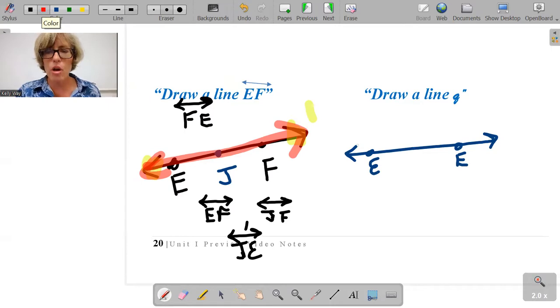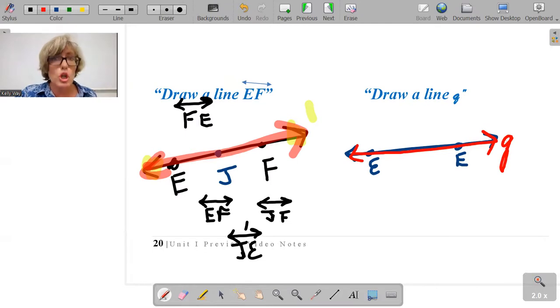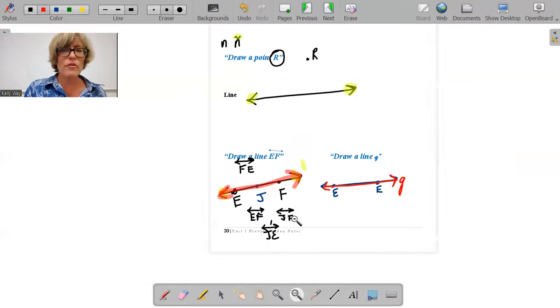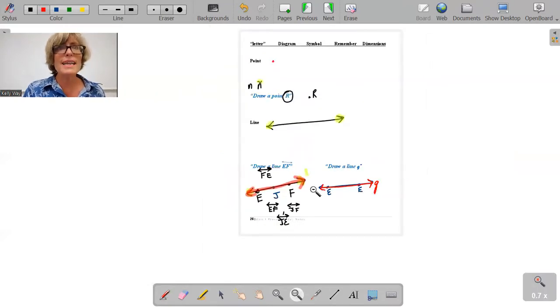For example, I could call this entire line, line Q. Notice it's a cursive letter and it could be either on the right or the left. Cursive lowercase. You're like, Miss Way, I don't know my cursive letters. Learn them. Cursive or italic, if you will. But the cursive lowercase names the entire line. So far, we have 2 of our 5 letters, point and line.